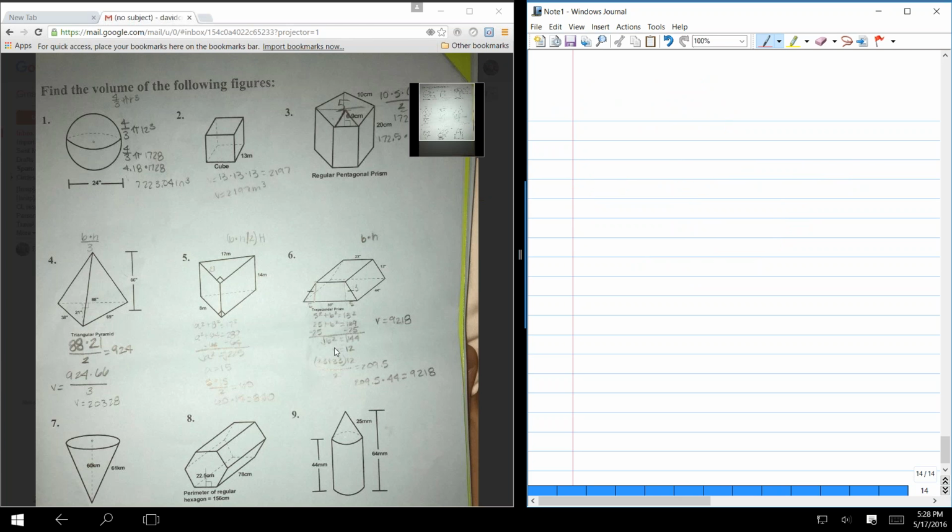On number 7, what's the volume of that? What's the general cone? It would be capital B times height, times 1/3.